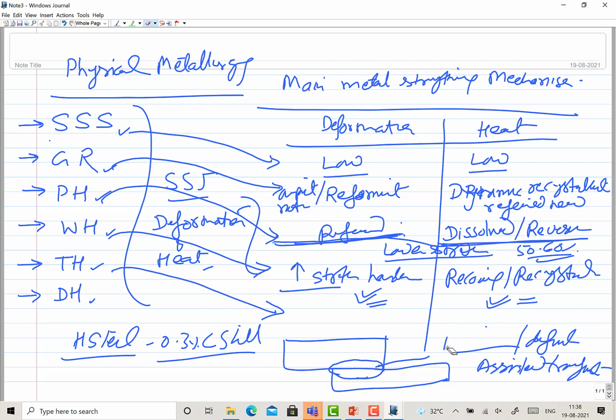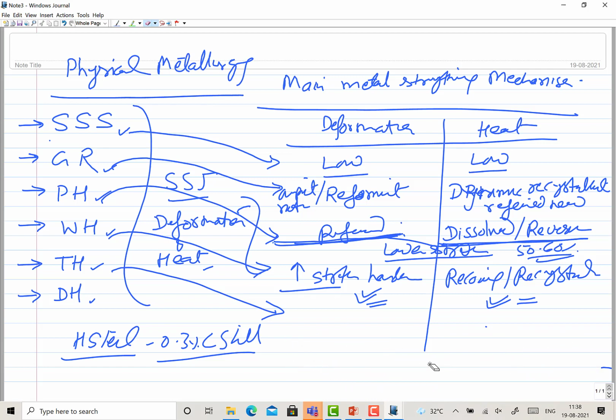So coming back to the same, what I said, you apply deformation. In some of the metals, like ferrous metals, like maybe high manganese steel or some high nickel steels, Hadfield steel.